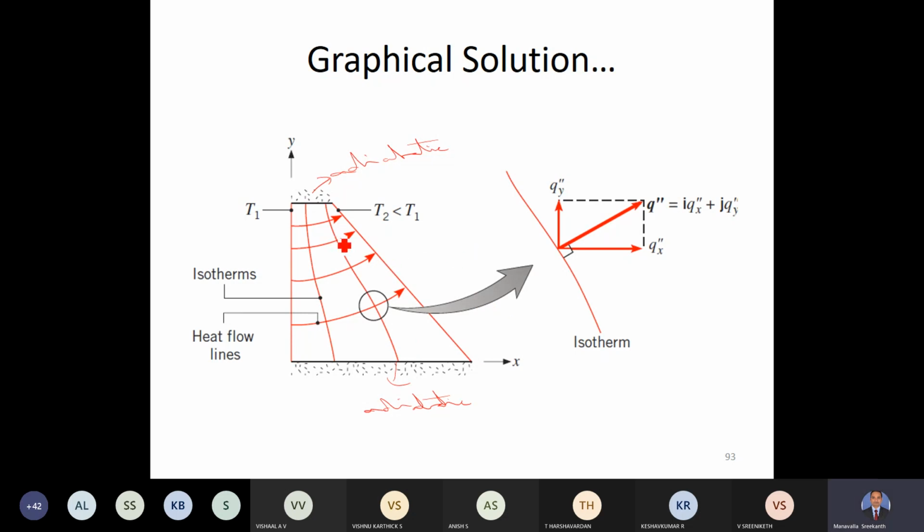So what we do is we construct the flux plot. We know that T1 is greater than T2, so we draw the heat flow lines from this point to this point. And perpendicular to these heat flow lines, we should draw the adiabatic lines, something like this, in such a way that the heat flow lines and adiabatic lines are perpendicular to each other.